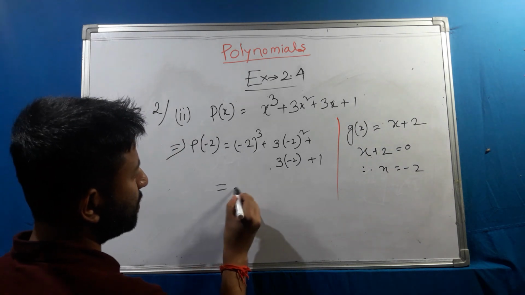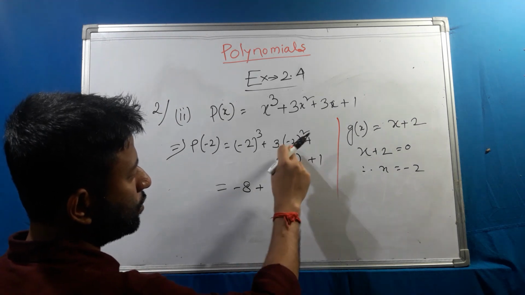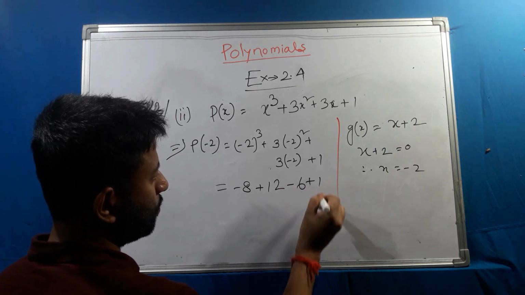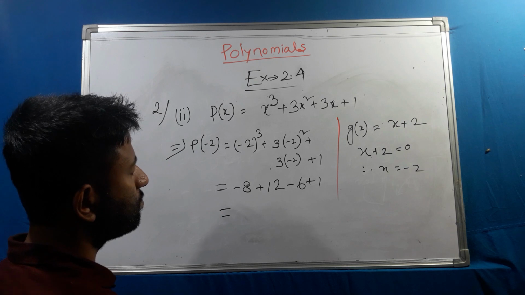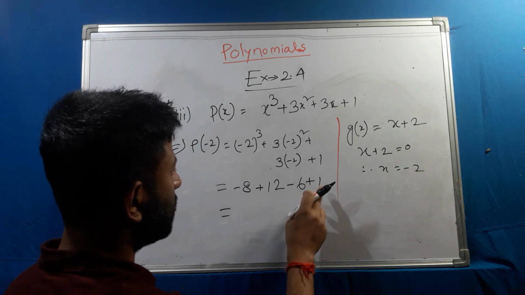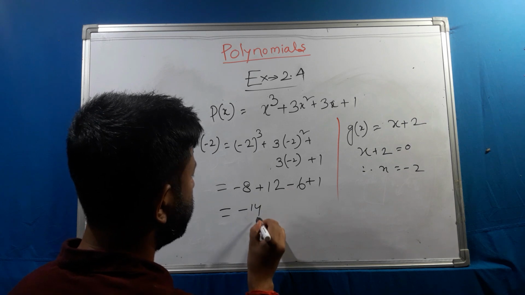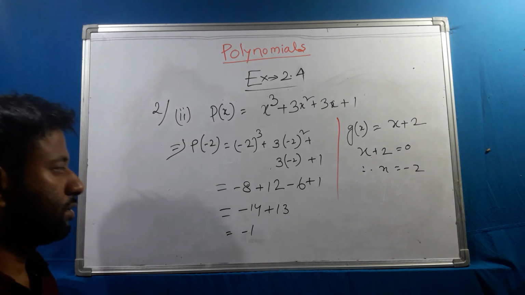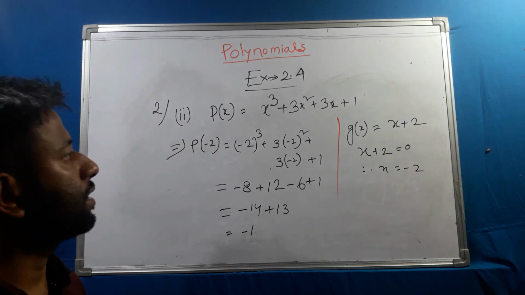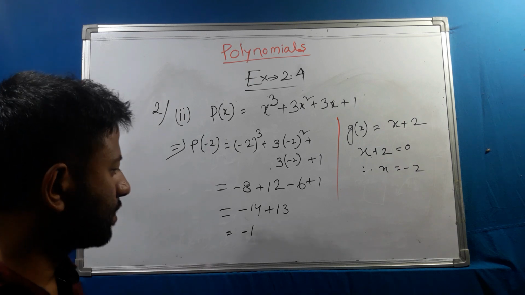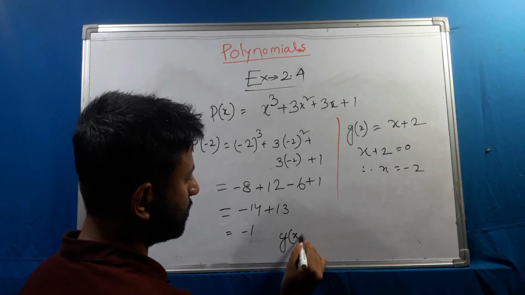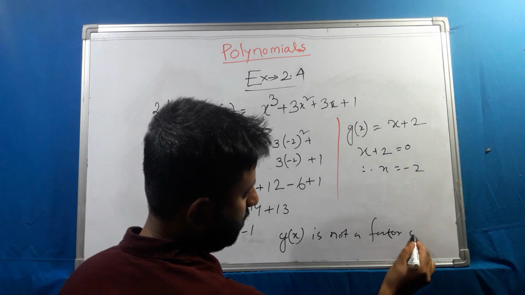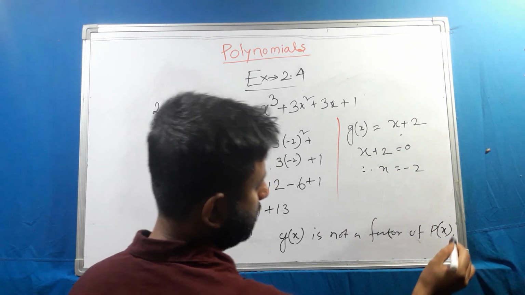Now this value is coming minus 8, 2 squared is 4, 3 times that is 12, minus 6 plus 1. So from these two we get minus 14, and here it is plus 13, that means minus 1. When this is minus 1, it means the remainder is not 0. So I can conclude that gx is not a factor of px. Okay.